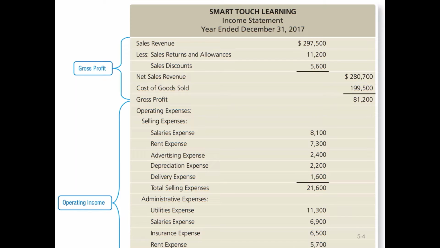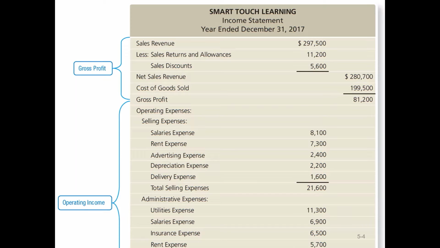It's important for information and analysis to keep these three accounts separate. We never want to just automatically reduce our sales revenue because then we don't know what our true level of sales was for the year.